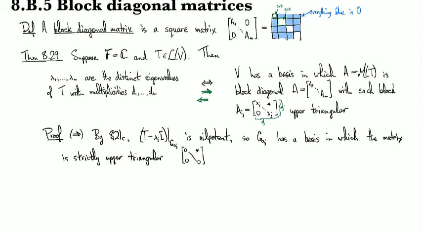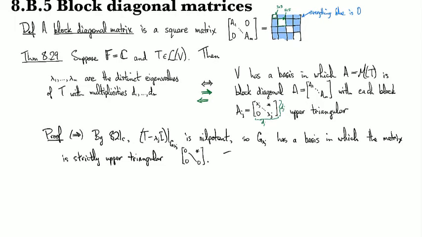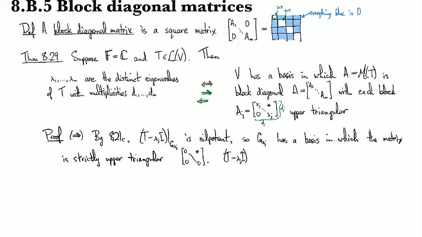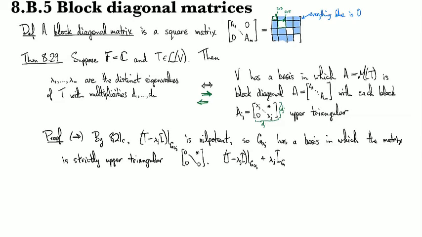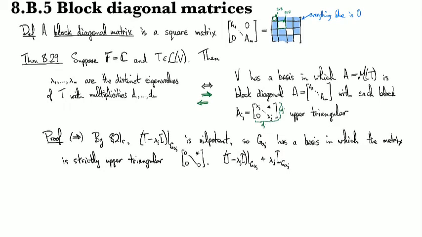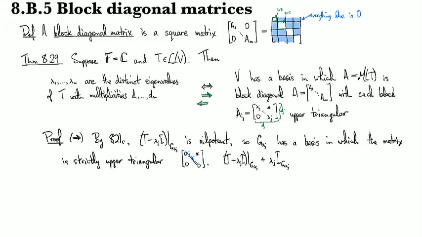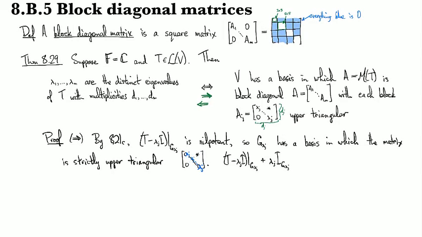Yep. Okay, so if we look at T minus lambda J I restricted to G lambda J, and then add the diagonal back on, restricted to GJ as well, then we just put lambda J all the way back down the diagonal of this matrix right here.